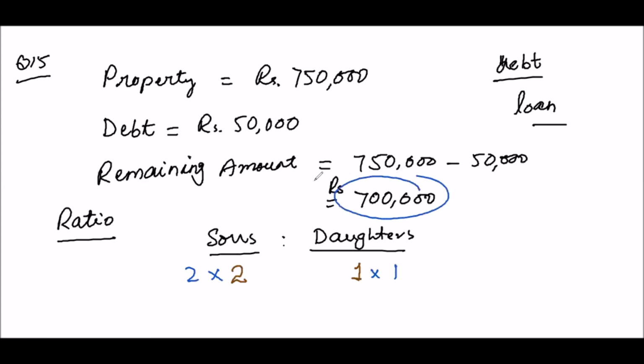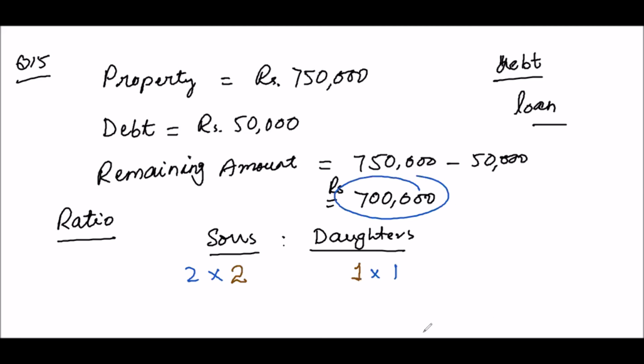Now we have to divide this amount between sons and daughters. Because 50,000 was debt or the loan, they paid back. Now you see that total shares are 4 for sons and 1 for daughter, 5. So total shares are 5.